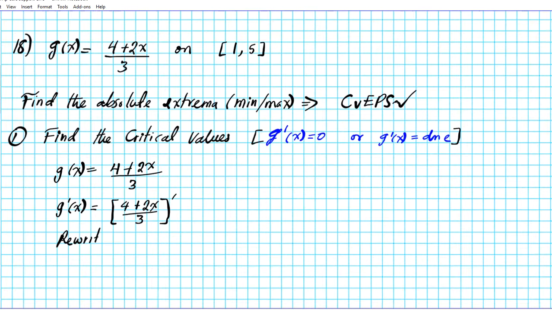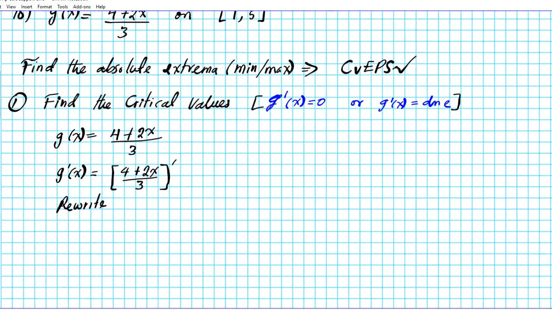So let's rewrite this. Let's decompose this function: 4 over 3 plus 2 over 3 x. You can clearly see that this is just a linear function, a linear polynomial with a slope of 2/3 and y-intercept of 4 over 3.